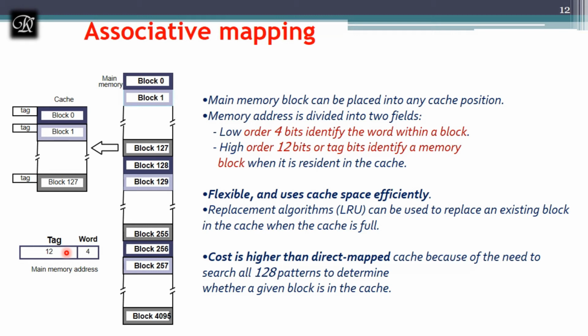Here we directly apply associative mapping on the free location. If there is no free location, then we have to call one more algorithm, the replacement algorithm, LRU, least recently used. That decides which block out of those 127 blocks should be removed, and that block's space will be given to the newly requested block.